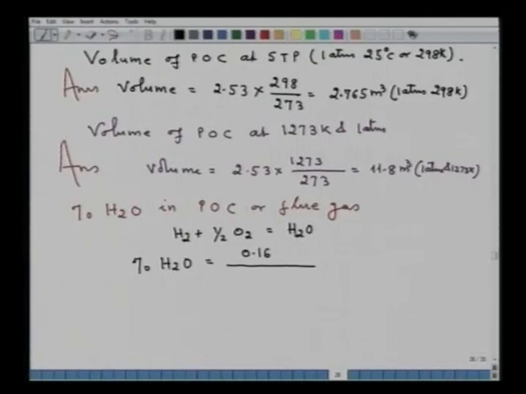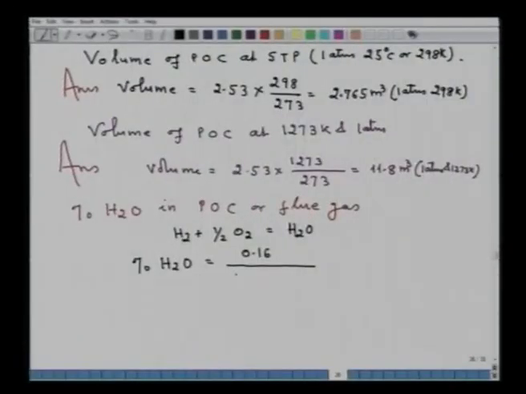Total volume of flue gas is dry volume plus volume of H2O. The dry volume at 0 degree and 1 atmosphere we determined as 2.53. To this we add 0.16, the volume of H2O, and multiplying by 100, we get percentage H2O as 5.95%.